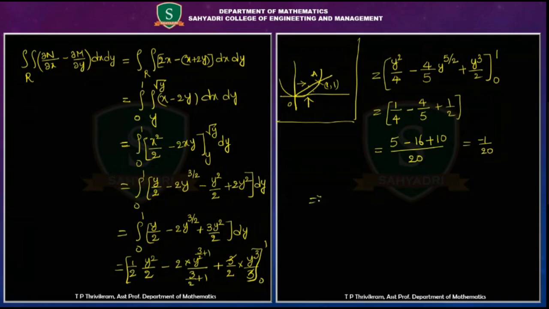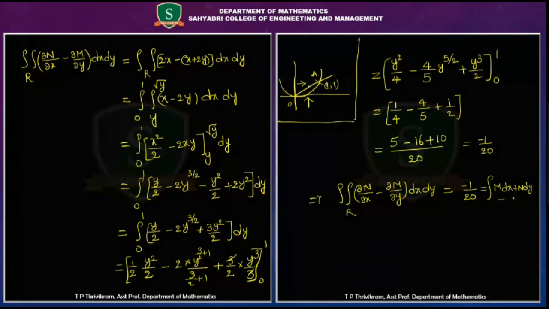So implies double integral dou n by dou x minus dou m by dou y dx dy over a given region R, we got it as minus 1 by 20. Okay. So previously also we got integral m dx plus n dy. So this is the given equation.